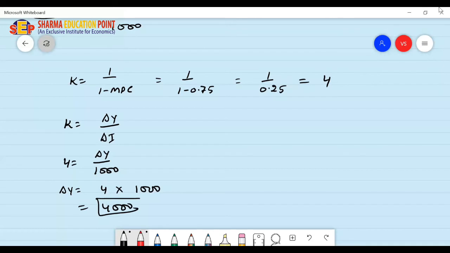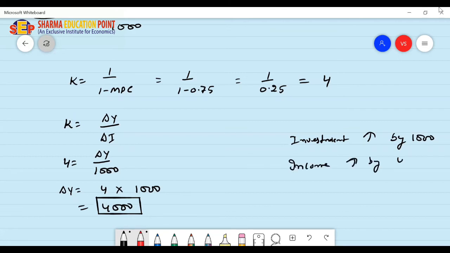So as a result, what the conclusion is this, that your investment increased by 1000. As a result, income increased by 4000.